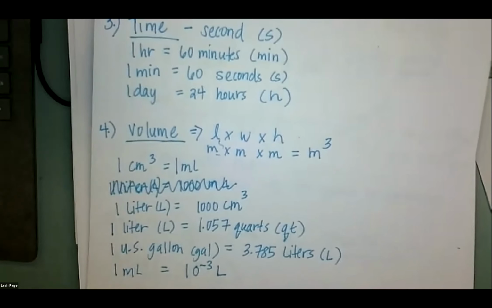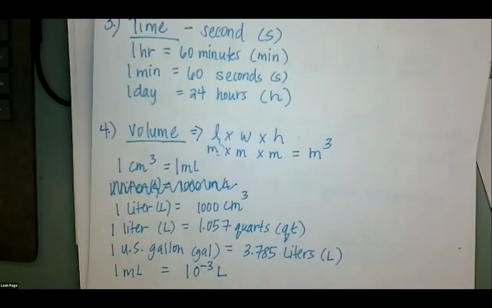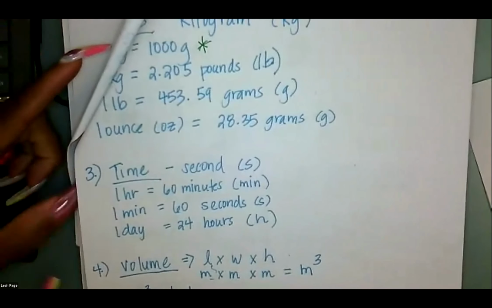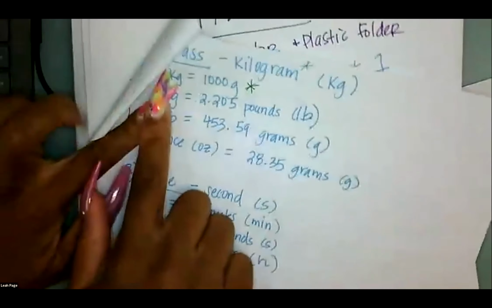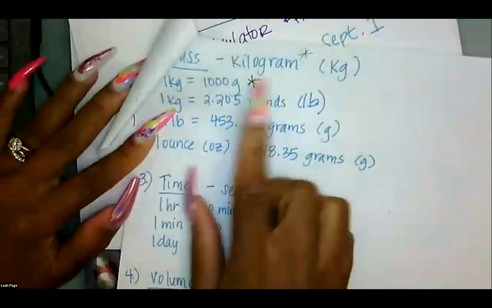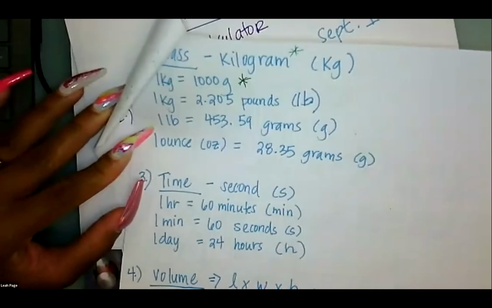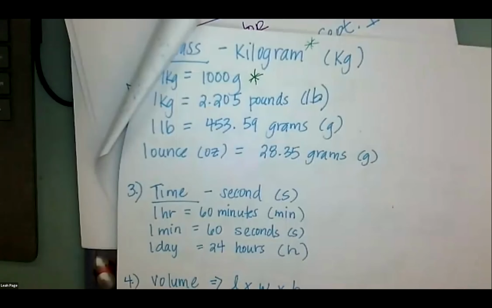It'll tell you what the volume is. All right, thank you. No problem. So that's why we went over these units, guys. When we talk about the different types of measurement, for instance, when we're talking about mass, we're talking about grams and kilograms or pounds or ounces. That's what we're talking about. Okay.